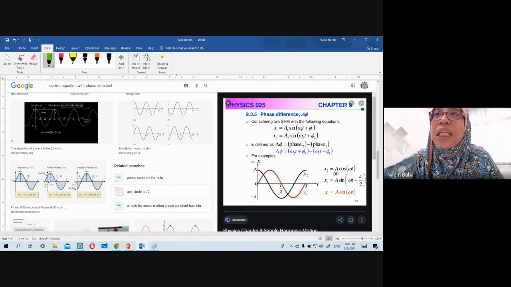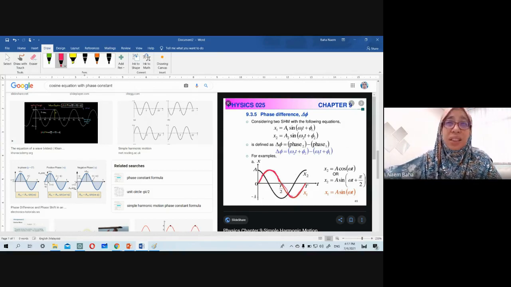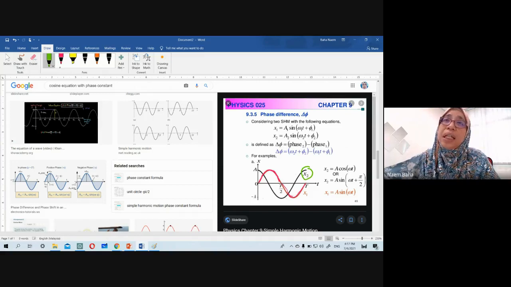A sine graph is supposed to look like the red one, which starts from 0, very similar to our velocity graph. In the case of the black one, which is x2, it's actually cos because it starts here, so it's omega t without any phase.